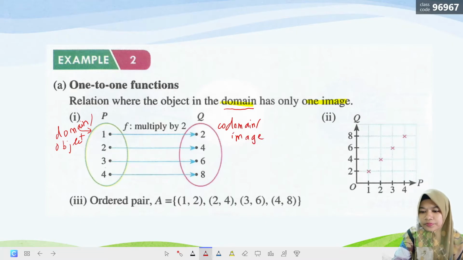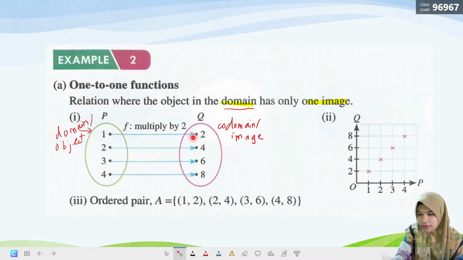So, the function is multiplied by 2. 1 times 2 equals 2. 2 times 2 equals 4. This one is how you represent by using an arrow diagram.